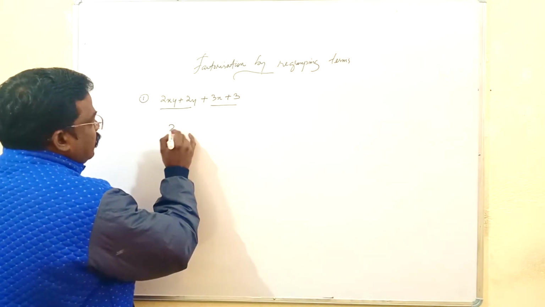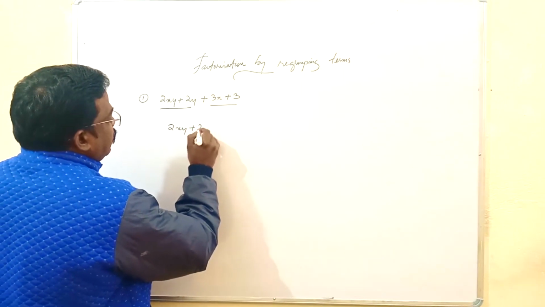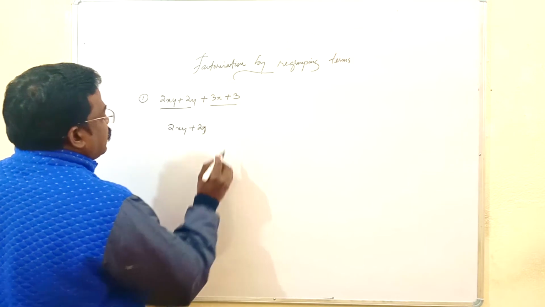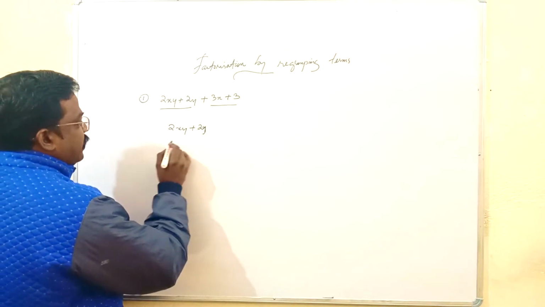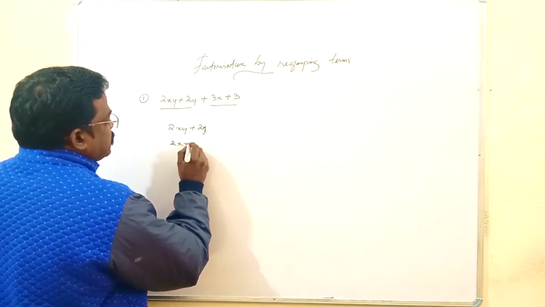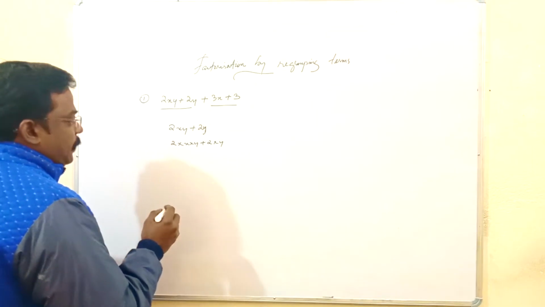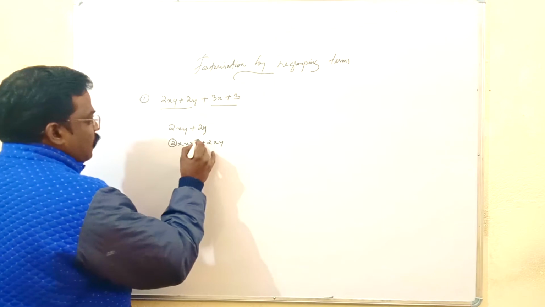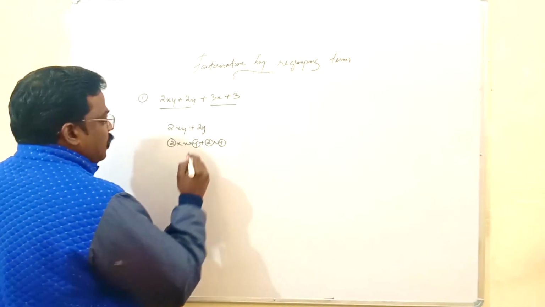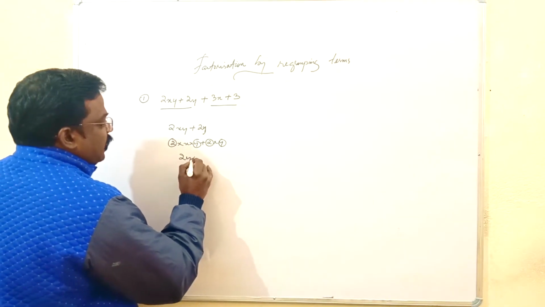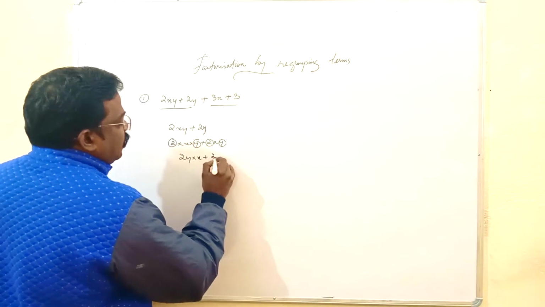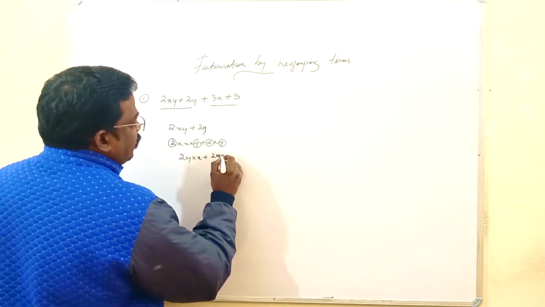First, 2xy plus 2y. We can factorize it as 2 into x into y plus 2 into y. So 2 and y are common factors. So 2y into x plus 2y into 1.